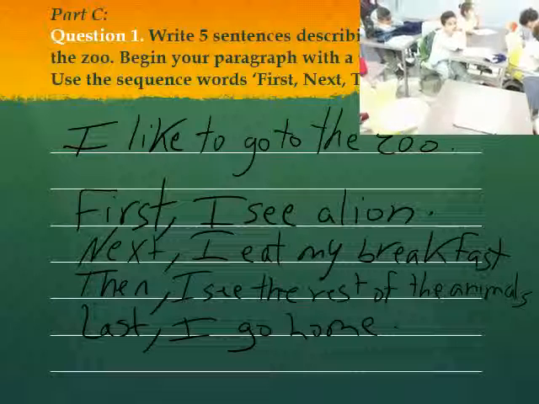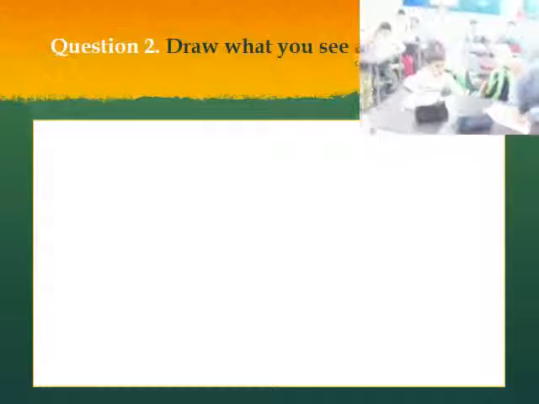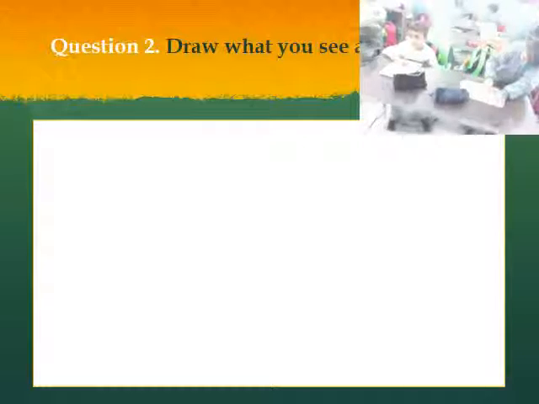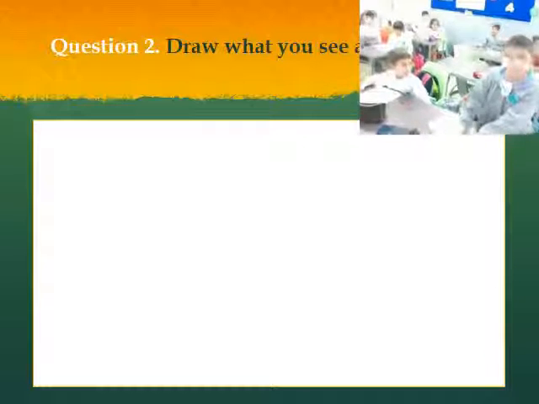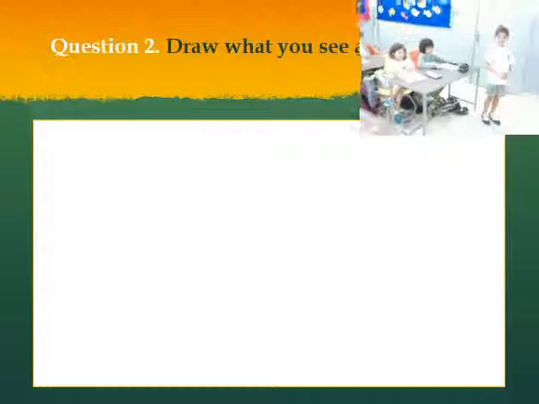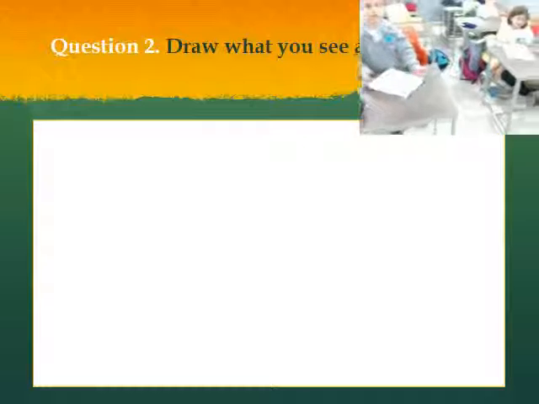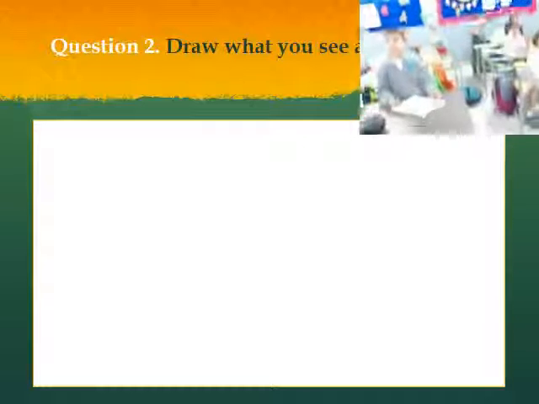Okay, good job. Great. Question 2 and the last question in part C. Draw what you see at the zoo. Selena, come draw for us what you see at the zoo. First, tell us, what do you see at the zoo? Lions? Okay, come draw the lion for us. Here, take the pen. I'll hold the tablet for you.